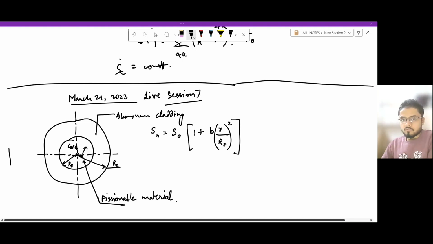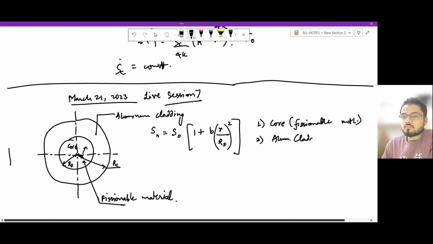Here, forget about the physics that's happening inside the core and the cladding. There will be two parts. The first part that you need to solve for is the core, that is the fissionable material, and the second part would be the aluminum cladding.